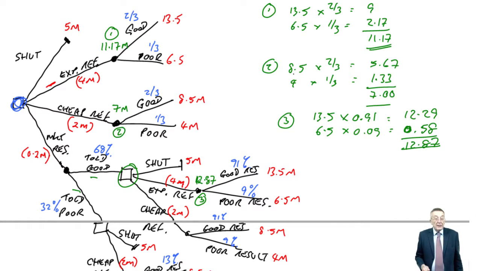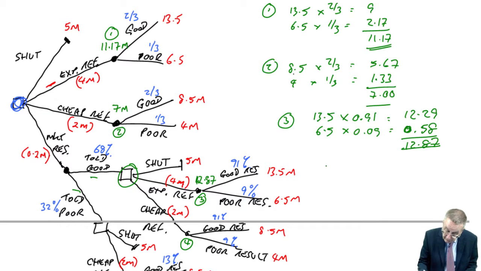Or if we decide to do cheap, we'll pay out another 2 million, but we'll get back either 8.5 or 4. Again, probabilities 0.91, 91%, or 9%, 0.09.